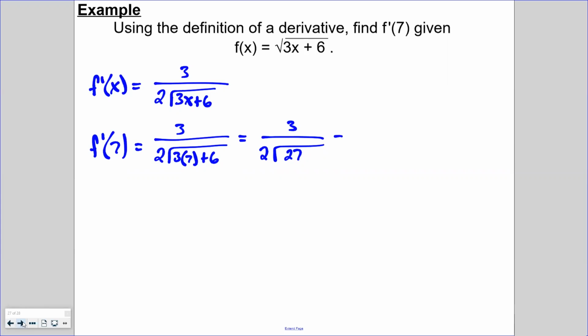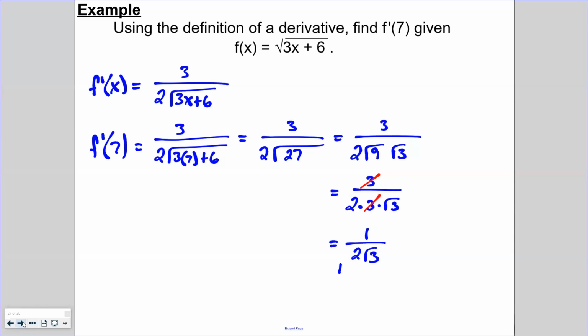Which we can simplify down. This is really 3 over 2 times the square root of 9 times the square root of 3, which is equal to 3 over 2 times 3 times radical 3. This 3 and that 3 will cancel out, leaving us with 1 over 2 radical 3 as our solution.